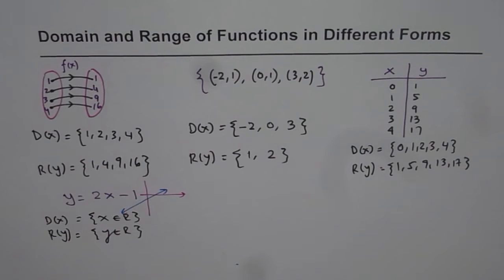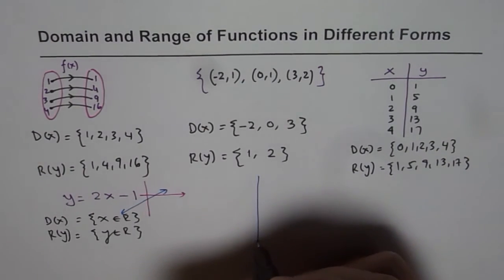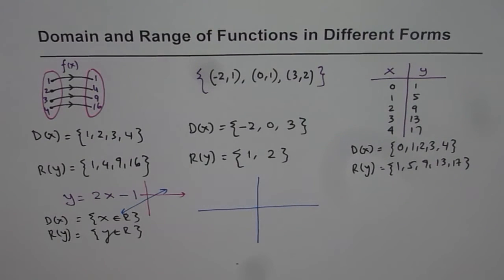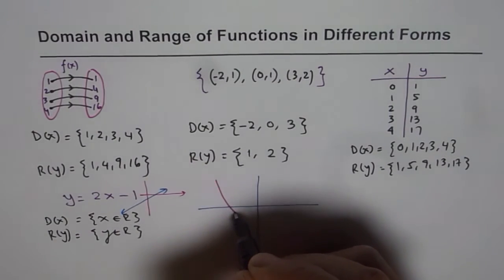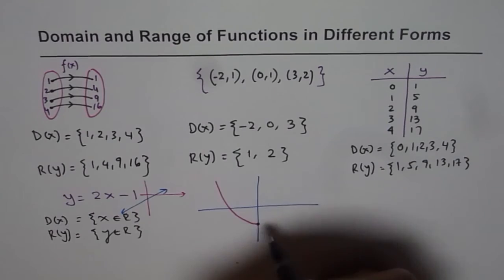Now at times you may be given combination of functions on a graph. So let me give you that now, and then you will figure out domain and range for this graph. Let us say for values which are less than 0, we have a parabola.